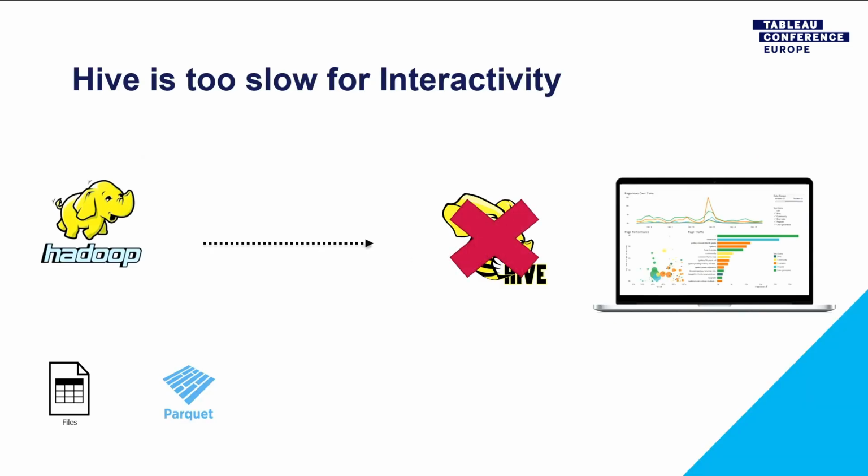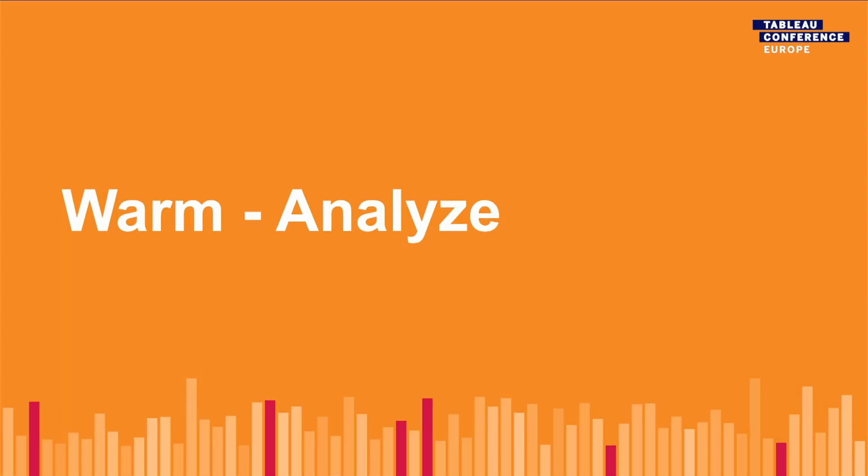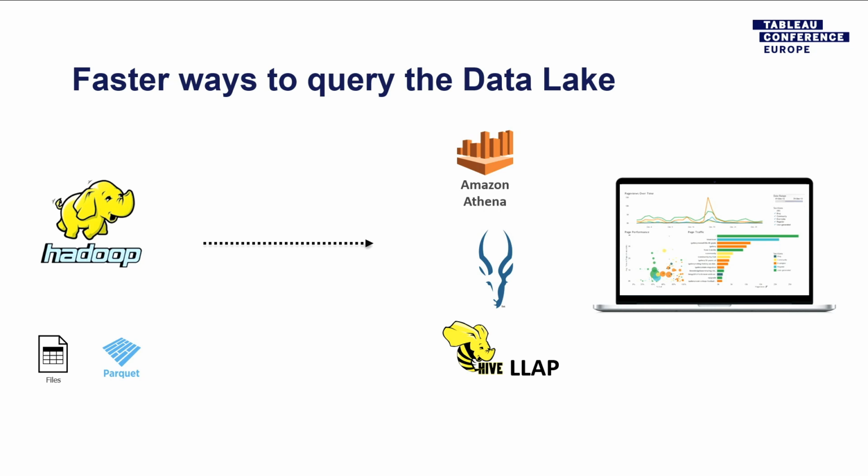We want to have snappy performance for our interactive dashboards and analytics. So let's move straight into that warm layer. How do we speed that up? One way to do it is you leave the data where it is in the storage layer, and you just change the way you query it, right? So with S3, there could be something like Amazon Athena.